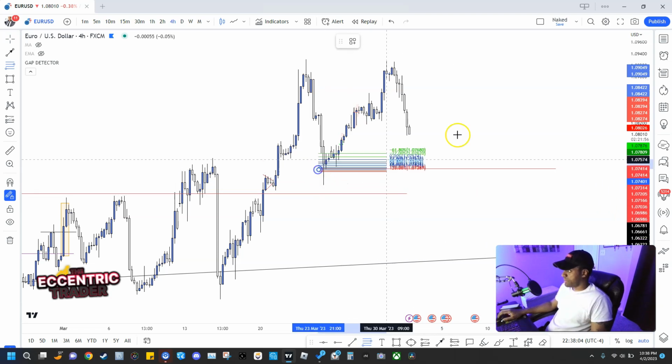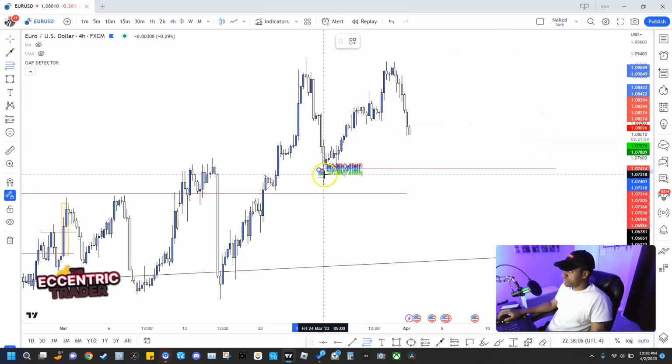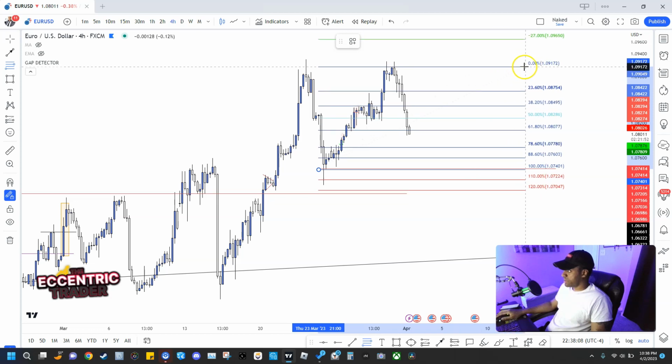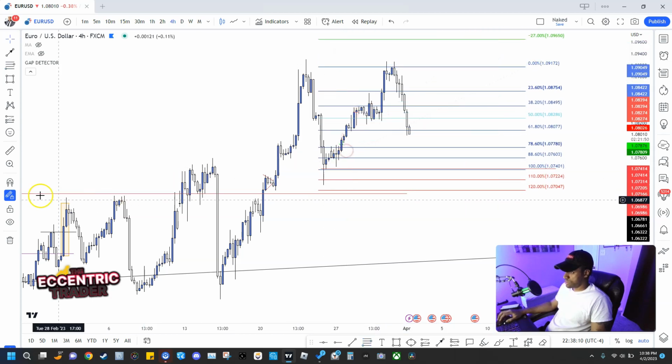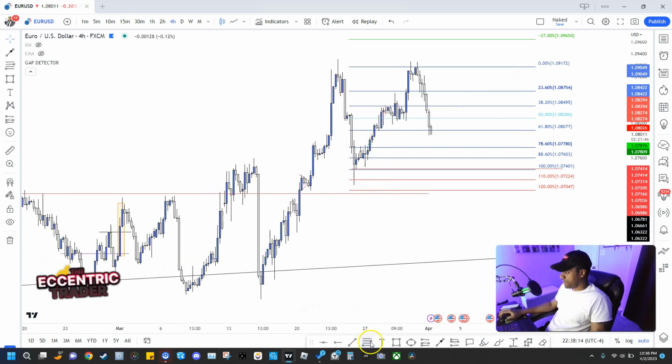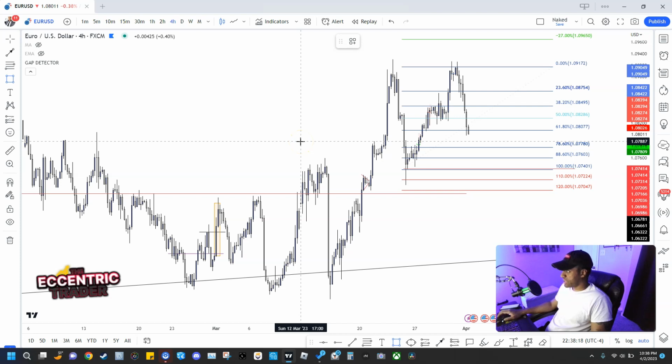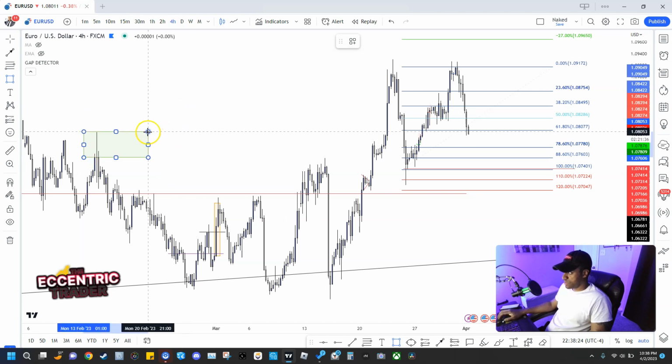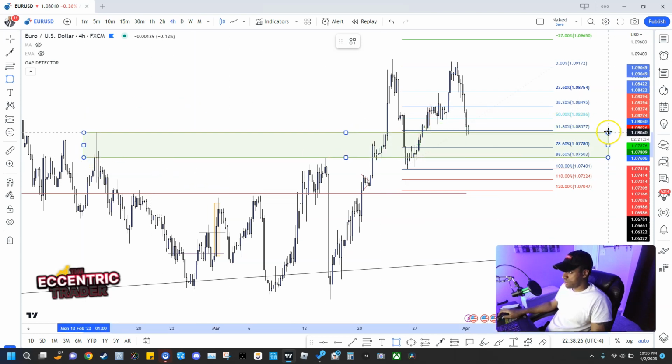All I'm going to do is pull out my fibs, point A to point B, and try to figure out where that next level of support is, where the market could potentially bounce off of. Ooh, I see a nice little wick action right here.